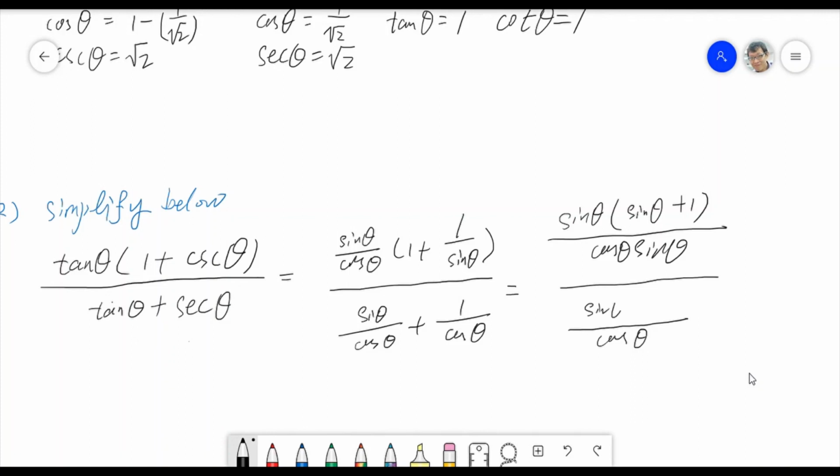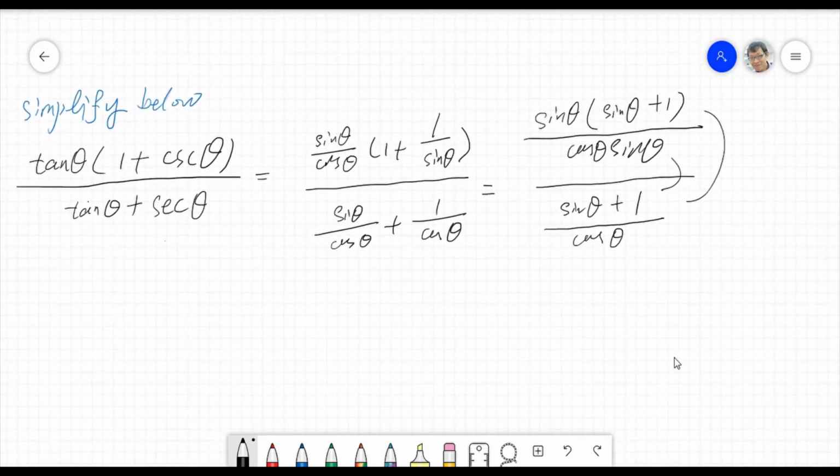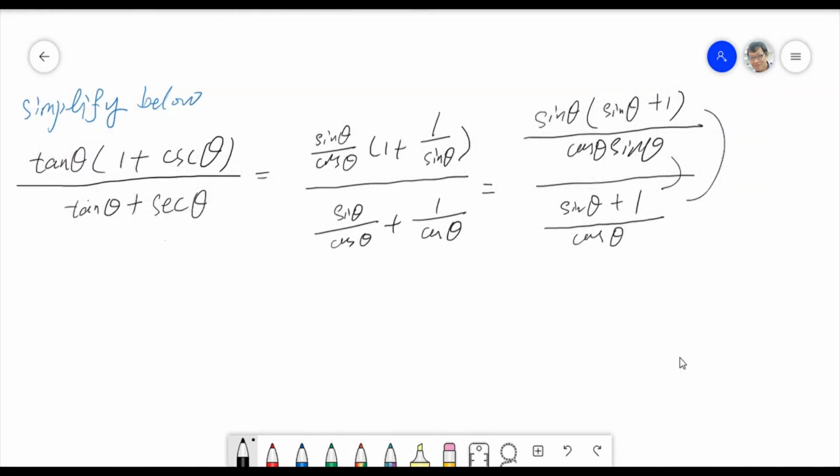So sine theta plus 1, right? How to solve this is this times this times this. Am I right? So what's the denominator? Sine theta cosine theta and sine theta plus 1.